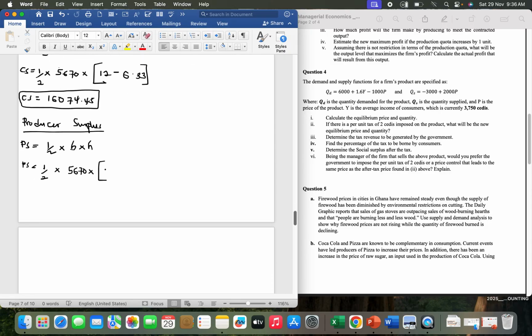So the height is 6.33 minus 3.50. So producer surplus is equal to half times 5670 times 6.33 minus 3.50.